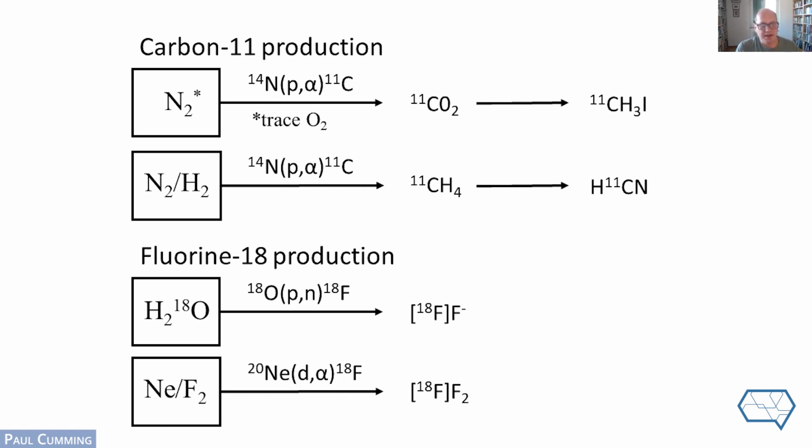naturally occurring gas, when hit with sufficient energy by protons, will undergo a nuclear reaction to produce a new nucleus called carbon-11, which is a very short-lived radionuclide that can be incorporated into, you see the upper right-hand arrow, leading to carbon-11 CH3I, that is to say methyl iodide, which is a synthon or a reactant that can be used to integrate that very short-lived radionuclide into any number of molecules which are prepared to react with methyl iodide, which is a reactive nucleophilic reagent.